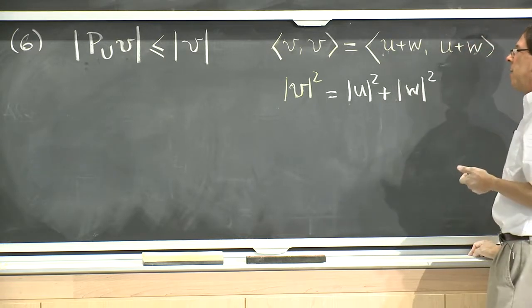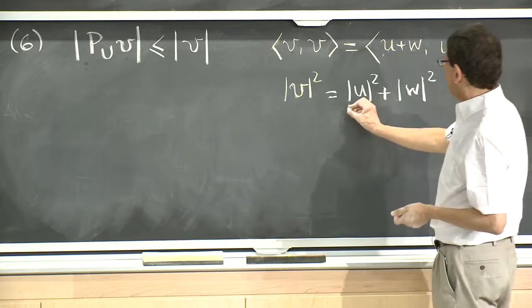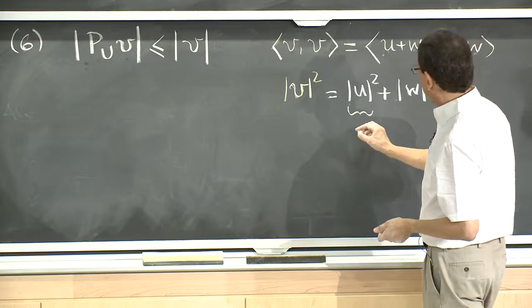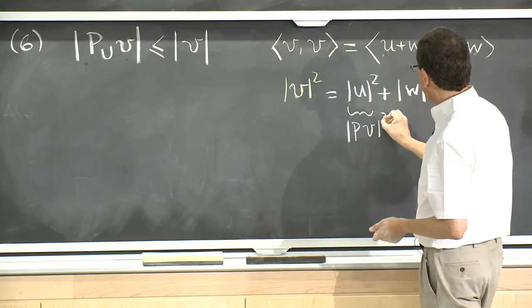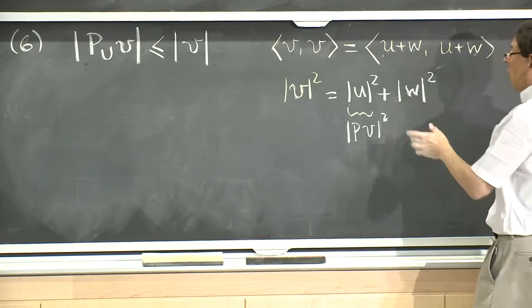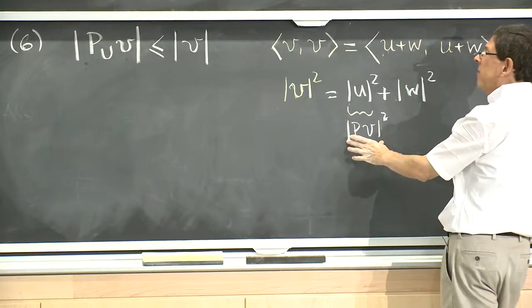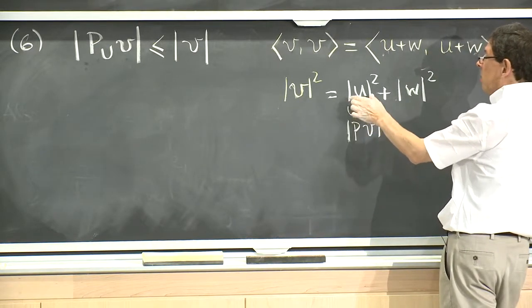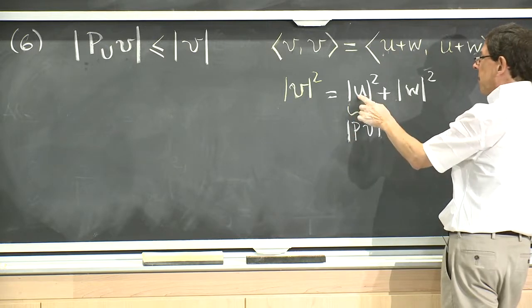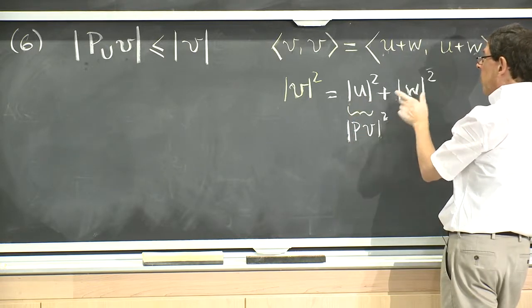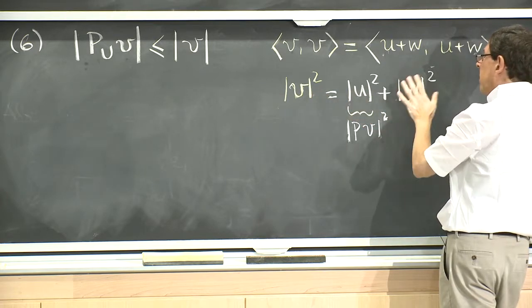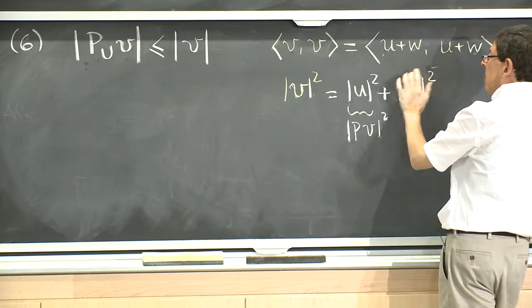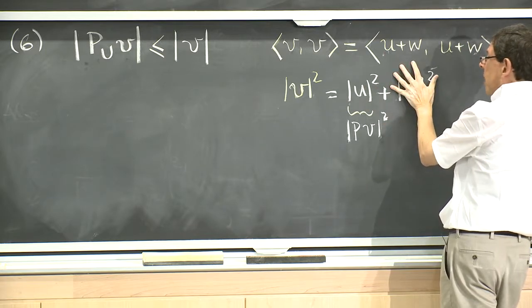So this vector is the length squared of PV. So the length squared of PV is here because P acting on V is the vector U. So the length of V squared is bigger than the right-hand side if you take this away.